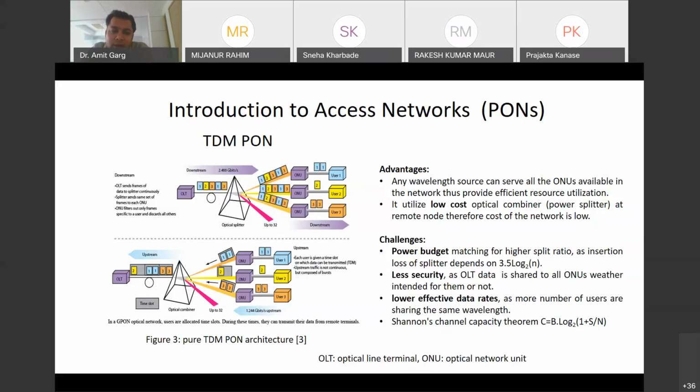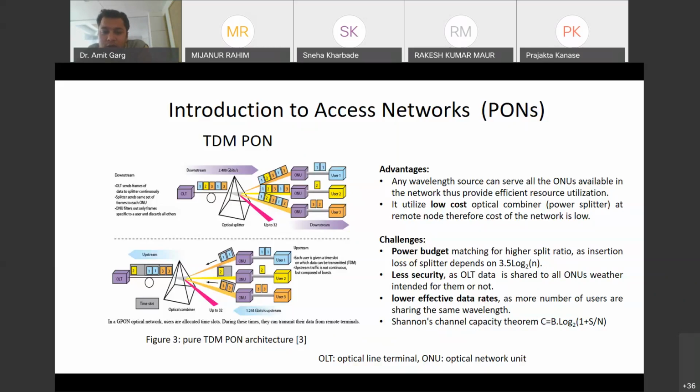If we talk about the TDM PON, then from the OLT we transmit some data, and we can transmit it at one particular wavelength only. And we have a passive splitter at the remote node. After transmitting the data through the fiber, we can split the signal into multiple paths or ports. It may be 1x32 or 64 or 16, depending on the number of users or the size of the network.